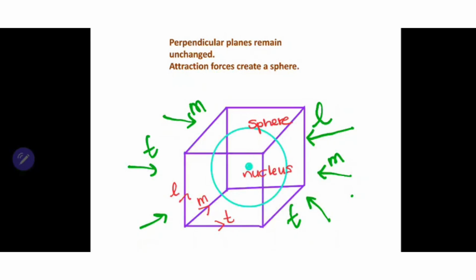What happens is when these are attracted, they cannot go beyond the sphere surface. They all can reach up to this surface only. Nothing can go into the sphere surface. Nothing can reach the nucleus.